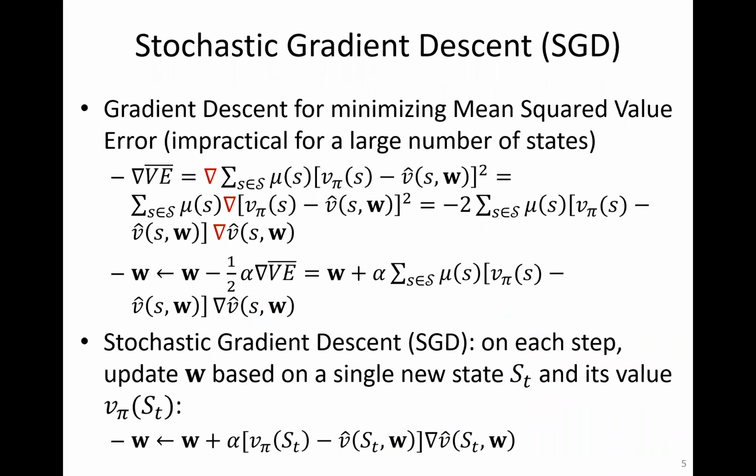So here's the gradient descent for minimizing the mean squared value error we saw before. First, we can take the gradient operator inside the sum because it's taking the gradient with regard to the weight vector W, and mu is not a function of W. The gradient of the square is 2 times this value, and then the gradient over the v hat.